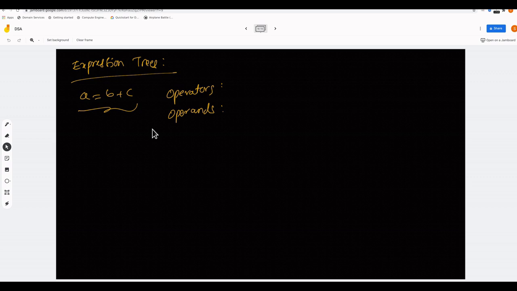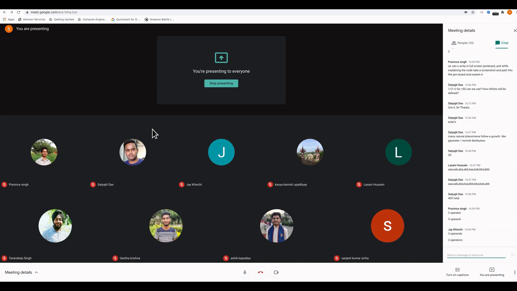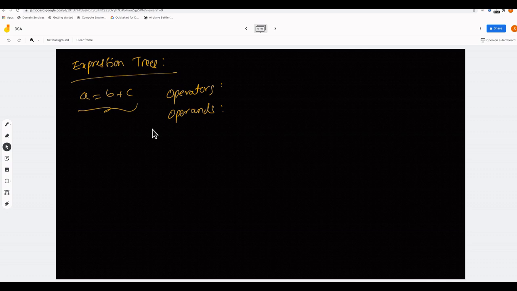Quickly, through chat, someone. 3 operands, good. 2 operators, of course: plus and equal to are the operators. In general we don't consider equal to as an operator. So, for a machine, b plus c is an expression, and a equal to whatever is another expression.